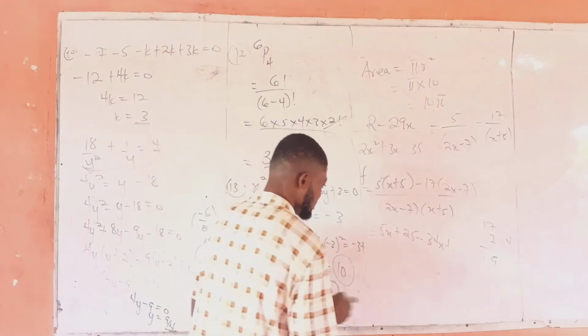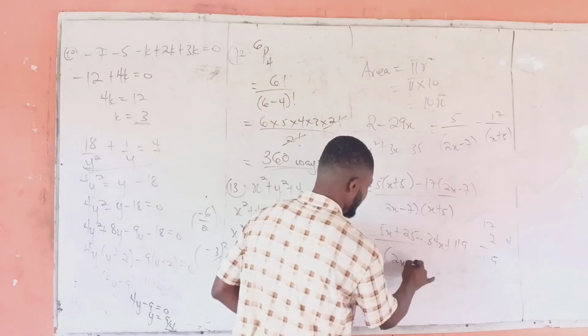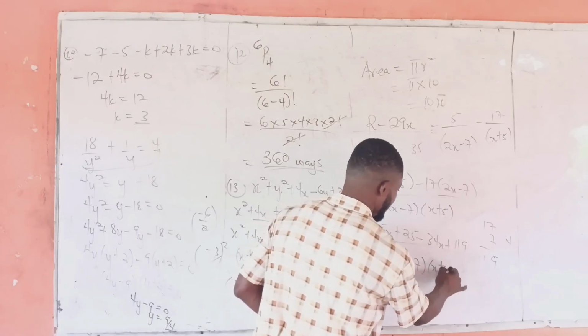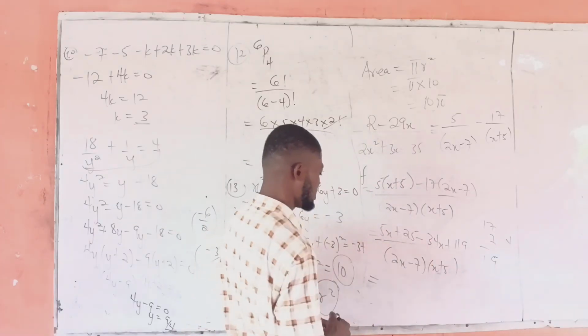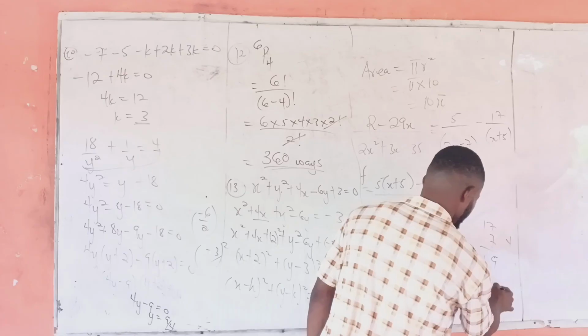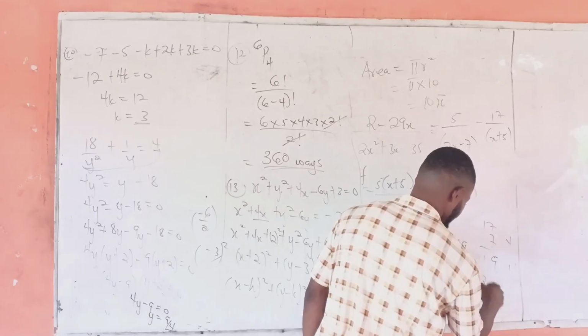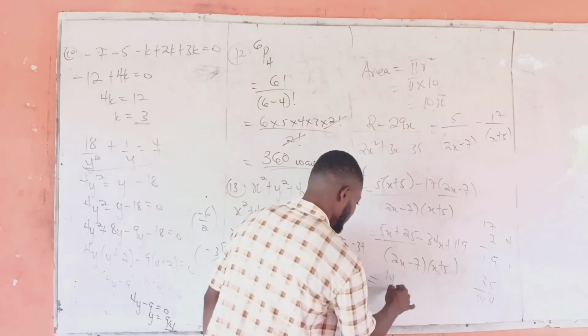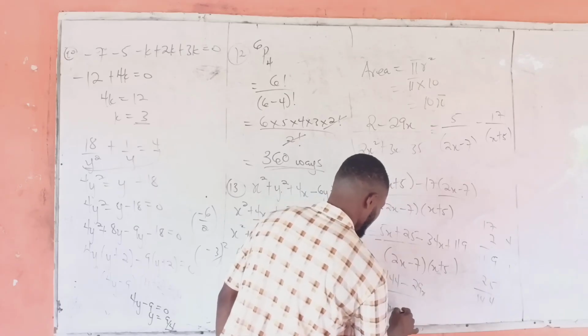Yeah, 119. So 119 all over 2x minus 7, x plus 5. This should be minus 29x. So this plus this, 25 plus 119, gives us 144 minus 29x all over this.